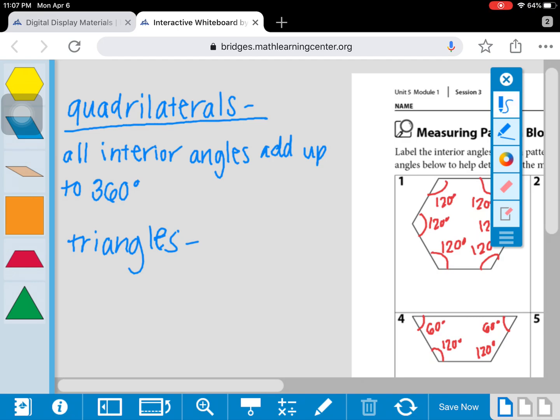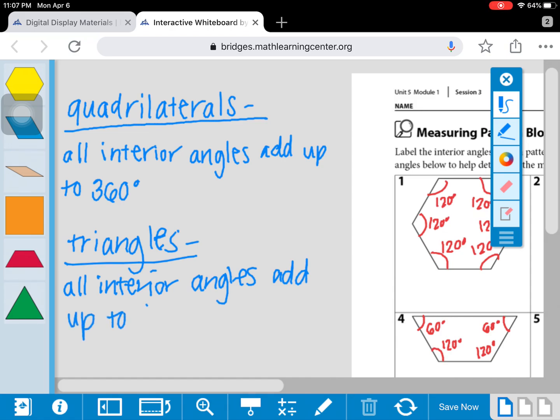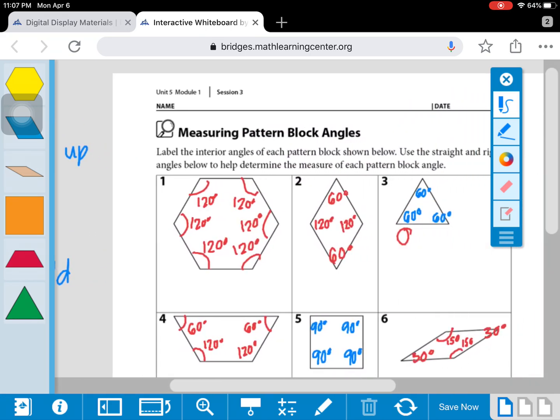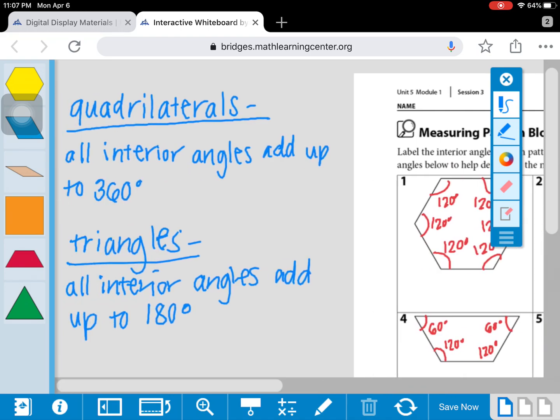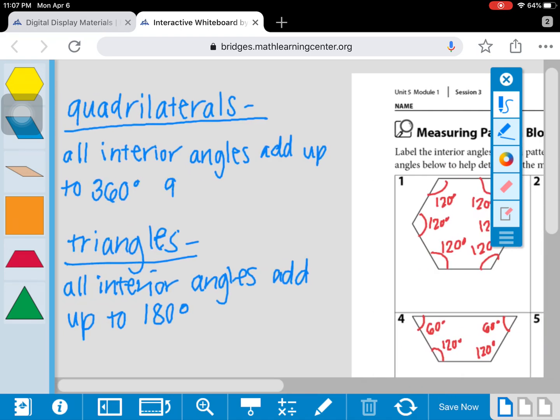And when you are working with triangles, all interior angles add up to 180 degrees. So if we wanted to check our work over here, a quadrilateral, 4 sides, 90 plus 90 plus 90 plus 90, that adds up to 360.